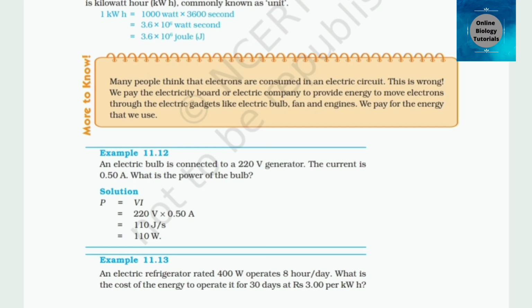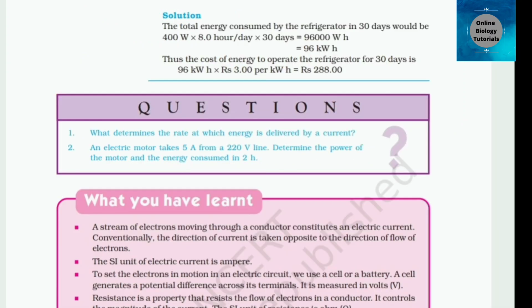Example 12.13. An electric refrigerator rated 400 watt operates 8 hours per day. What is the cost of the energy to operate it for 30 days at rupees 3 per kWh? Solution.